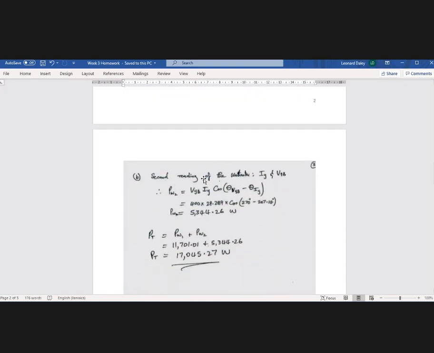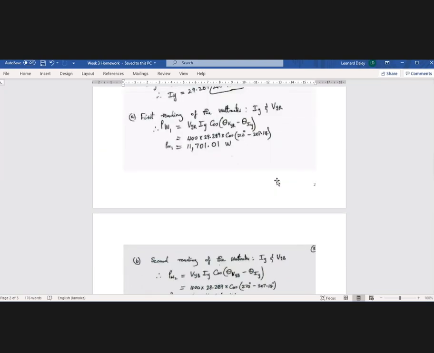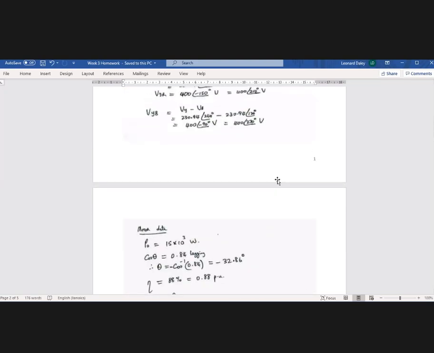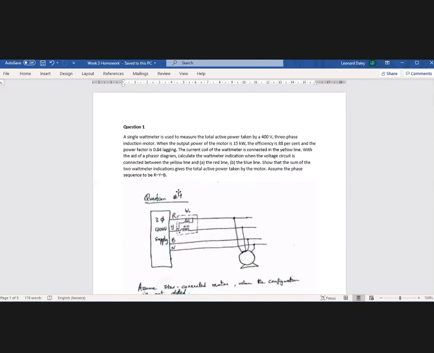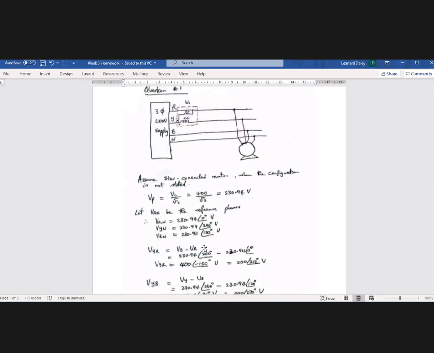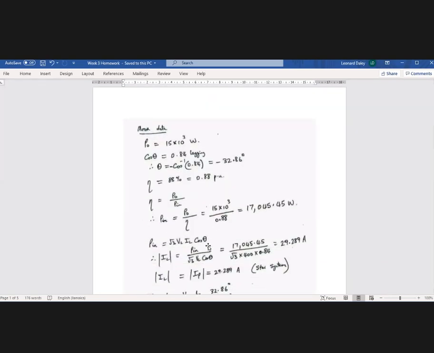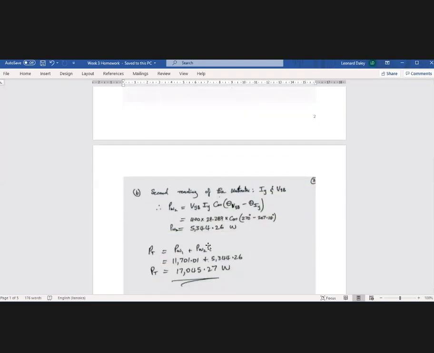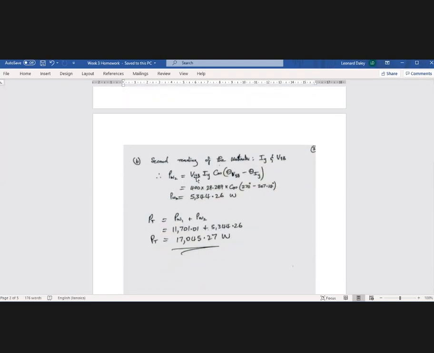So the second reading of the wattmeter is when it was reading IY and VYB. So the voltage coil was switched now from the red down to the blue line, right? So it was reading VYB and IY. All right, so the formula for wattmeter 2 is VYB IY cos of theta VYB minus theta IY.